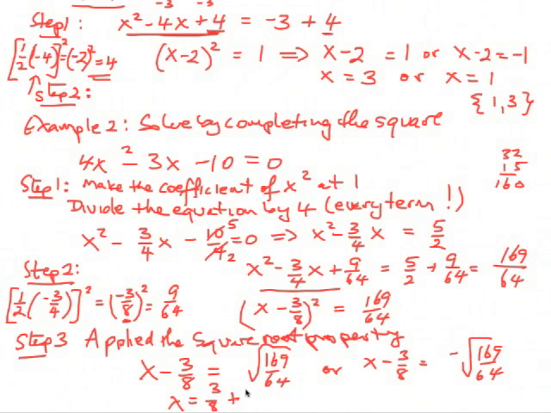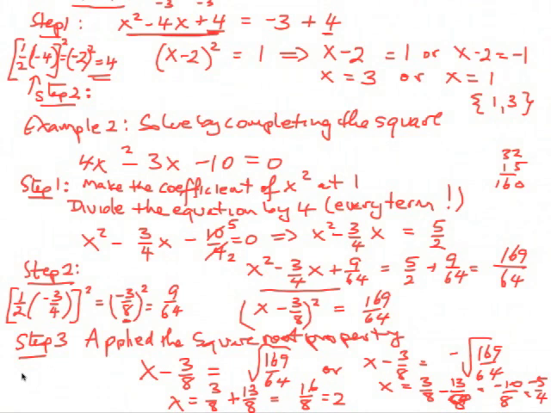square root of 169 will be 13 over 8, so this is going to be 16 on 8, which of course is 2, okay, and over here we're going to have x is going to be equal to 3/8 minus 13 on 8, sorry, which is going to be negative 10 over 8, which is going to be negative 5 on 4.